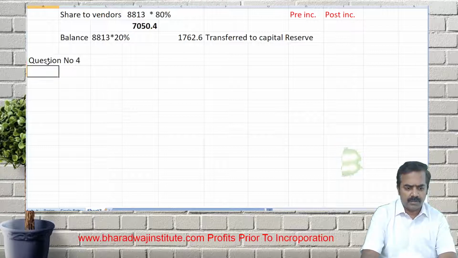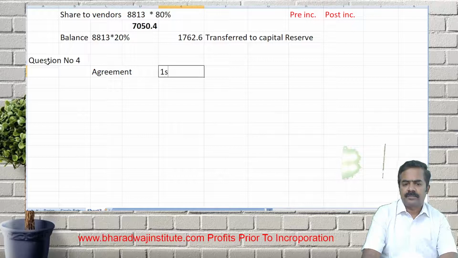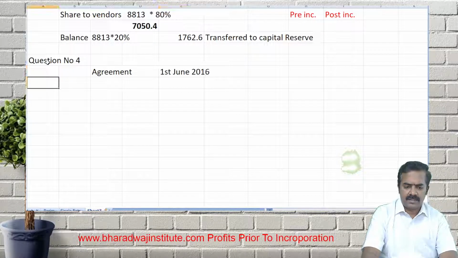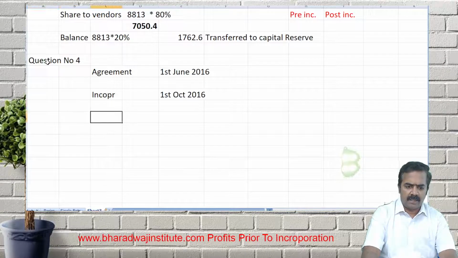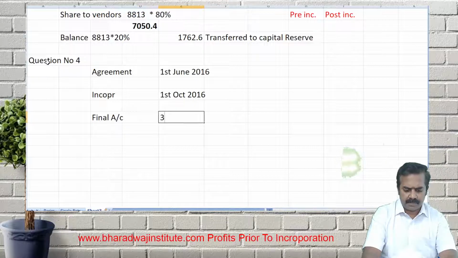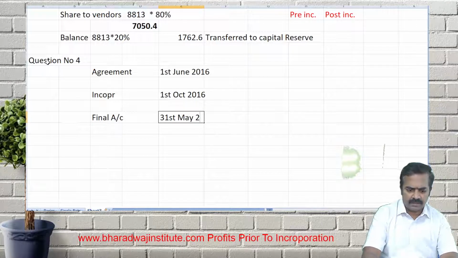Question number 4. The agreement was signed on 1st June 2016. The company was incorporated on 1st October 2016. Final accounts were prepared on 31st May.